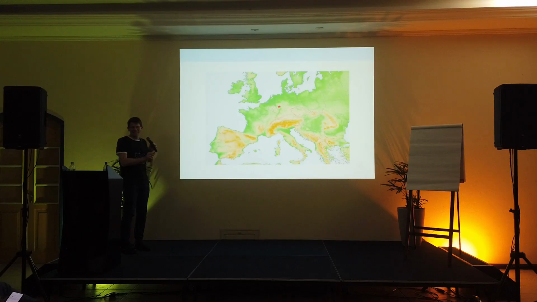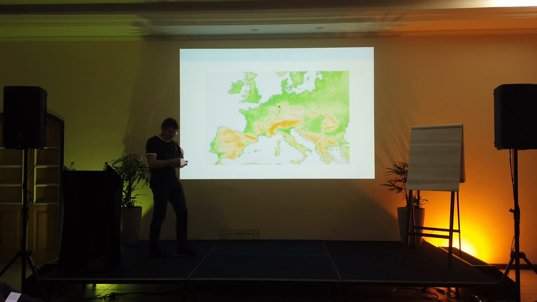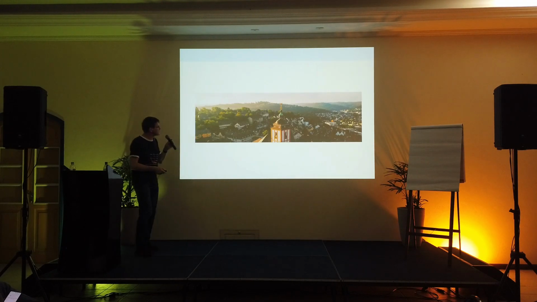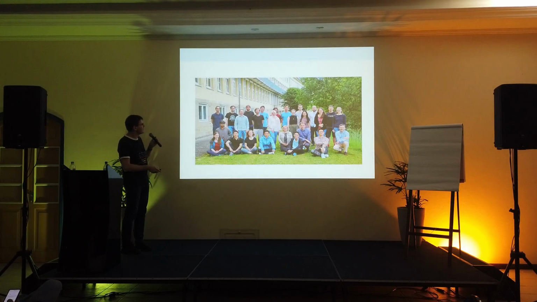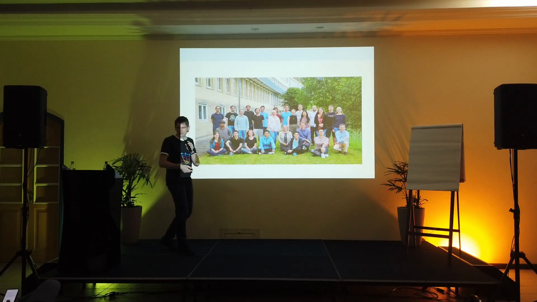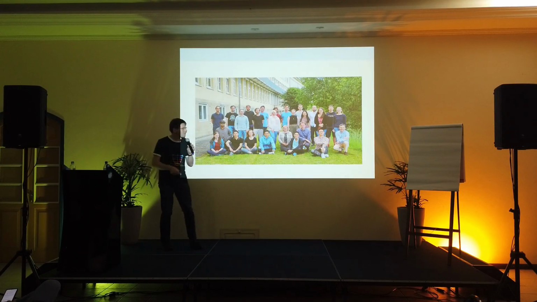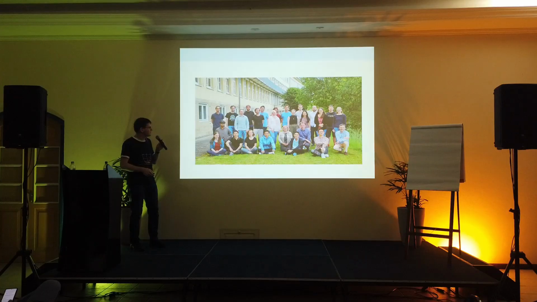Yes, the symbol is much bigger than the city. So if you zoom in a bit, it looks like that. And yes, the city is actually not so big. And then, if you zoom further in, it looks like that. And this is just my group, and you will maybe see some of these names in the references, because I will talk about some of the works that we did.